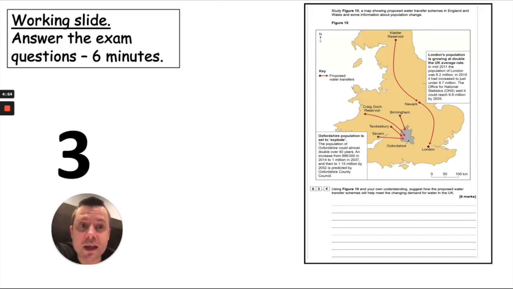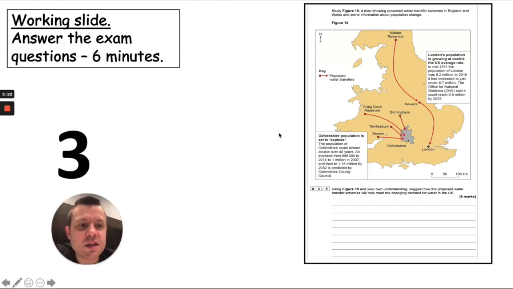So basically, there's water transfer schemes taking the water to areas where population is growing rapidly. And then bringing your knowledge from that video about where there is heavy precipitation, water surplus, and areas with lower precipitation and lots of demand, water deficit. You could also use the keyword water stress in there.